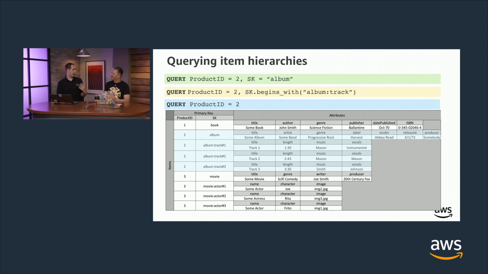Well, one thing I'll add, and I'll let you complete the answer, is that even though you're retrieving a section of the row, you're still paying for the whole row to be read from disk. Yeah, so for that, you would use the first query, the green one, where you would do the product ID and then the sort key would be the word album.